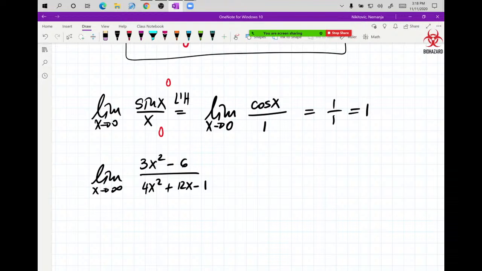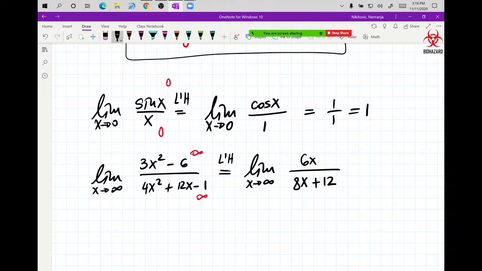But now, when I plug in the infinity, I get infinity divided by infinity. Ooh, that's the indeterminate form, which immediately means derivatives. So we put L'Hopital on top of the equal sign, signifying that we are changing the problem, but this new problem will have the same answer. Now, when you take all these derivatives, you get 6x divided by 8x plus 12, and you arrive at a completely new problem.